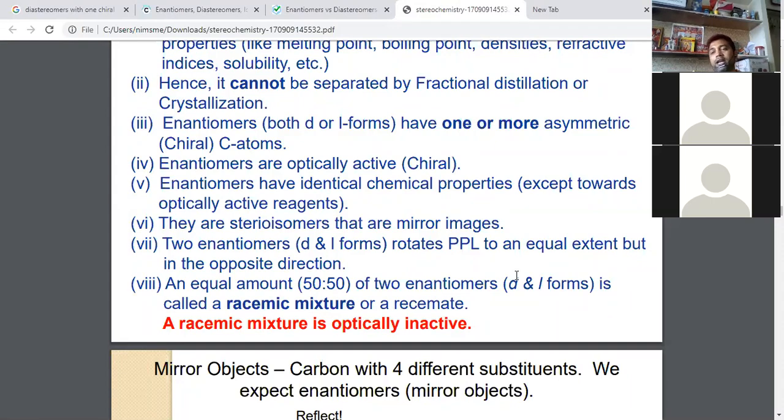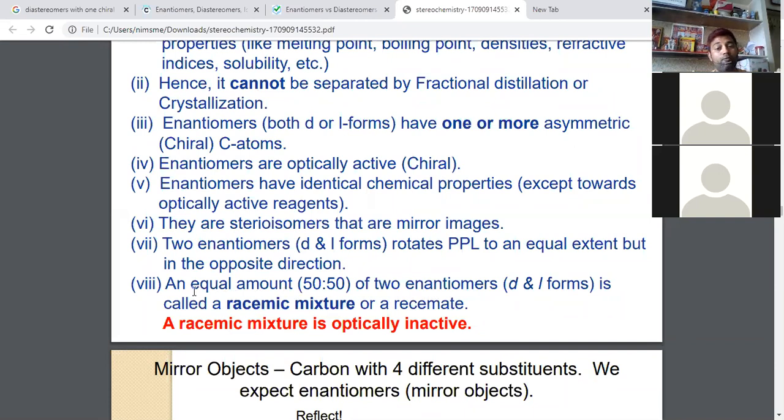One will rotate to the left side, the other to the right side, but the degree of rotation will be the same. An equal amount of two enantiomers is called a racemic mixture or a racemate.